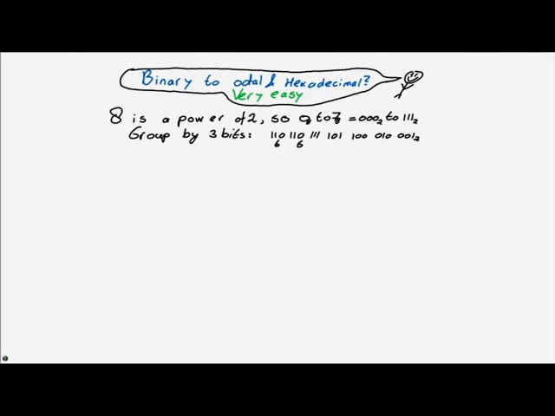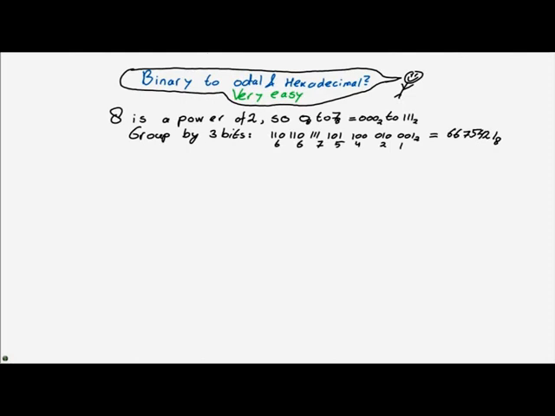The second 110 would also equal a 6. 111 would equal a 7, 101 would equal a 5, 100 is a 4, 010 is a 2, and 001 is of course a 1. This large binary number can easily be converted into an octal number. All we have to do is group them, and we can easily see the answer is 6675421 in the octal system.